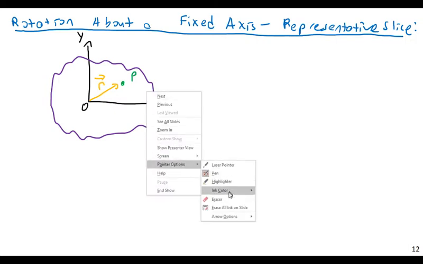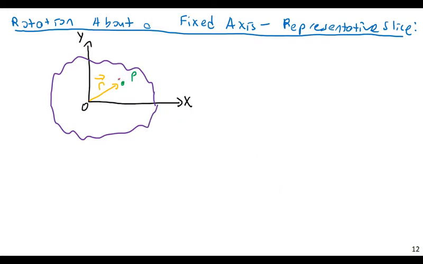Then let me give this thing a velocity, as we've discussed previously, where v equals omega k cross r. Omega in this case would just be the magnitude.